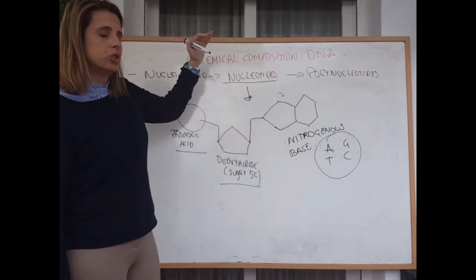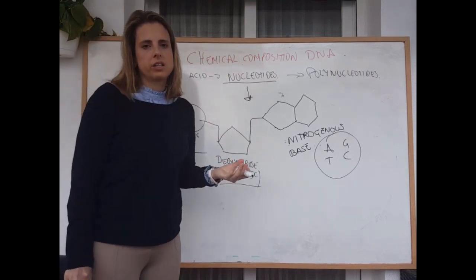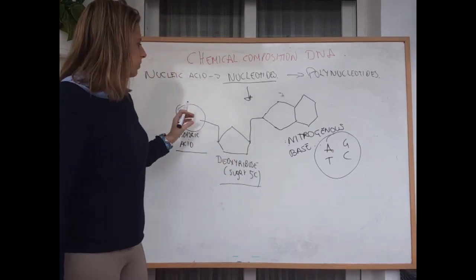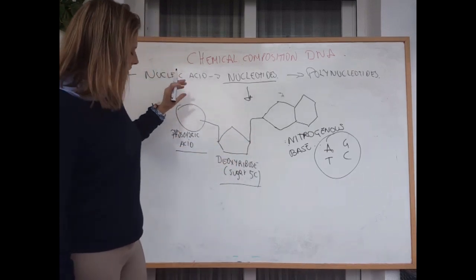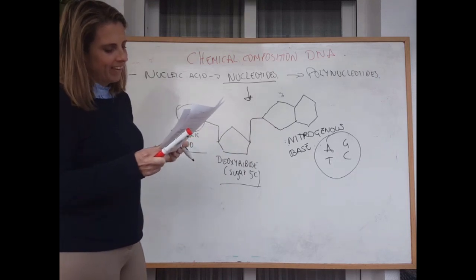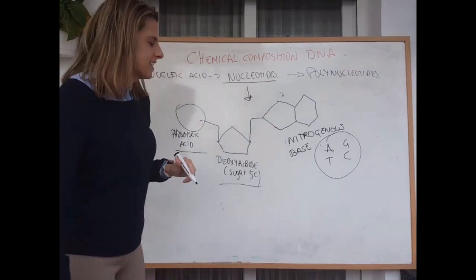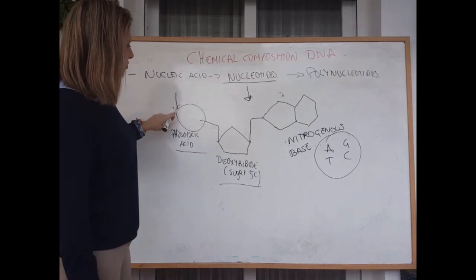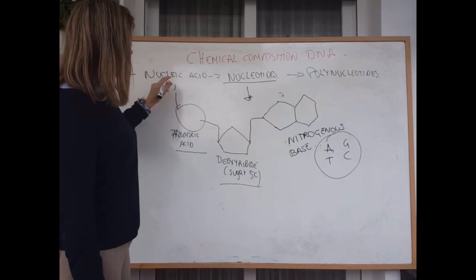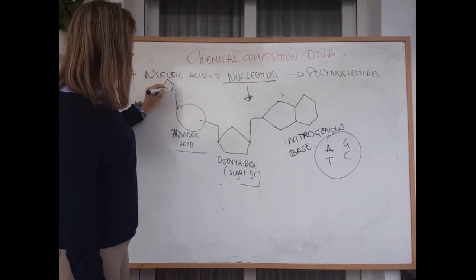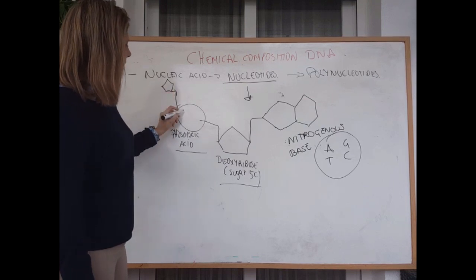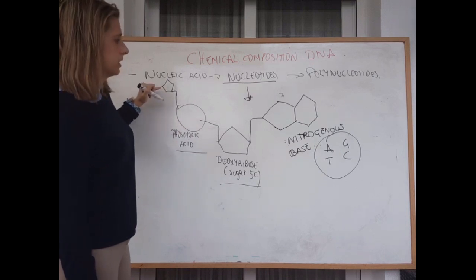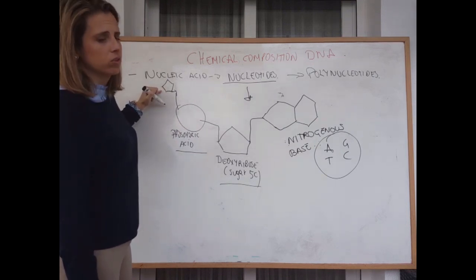So they have to join also. And how are they going to join? This bond is called, I can't remember the name now, phosphodiester, sorry. Phosphodiester bond. Okay? So we are going to join the phosphoric acid of one nucleotide with the deoxyribose of the next nucleotide.